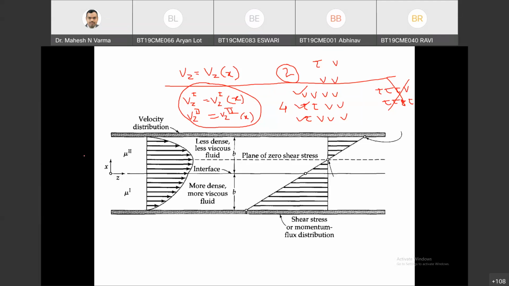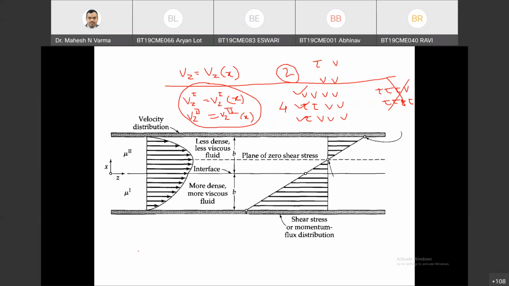Whether 4 velocity conditions are given, or 2 flux conditions and 2 velocity conditions are given, or 1 flux and 3 velocity conditions are given. Sir, 1 flux and 3 velocity conditions.